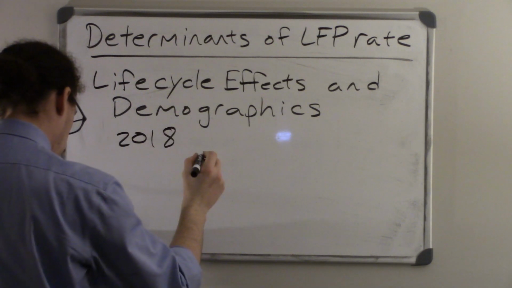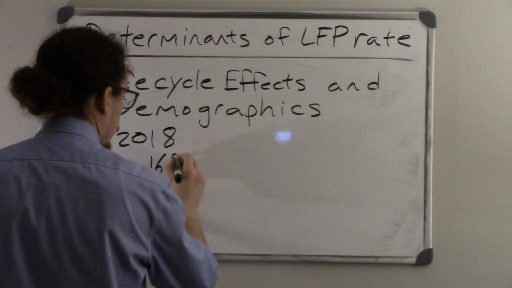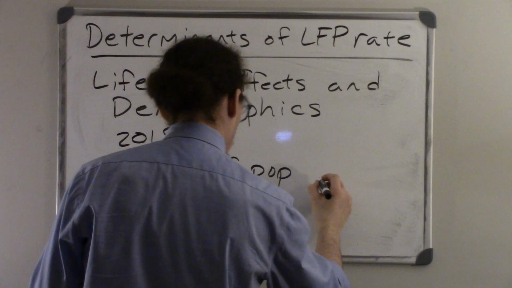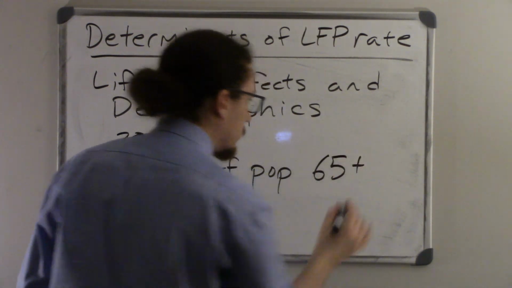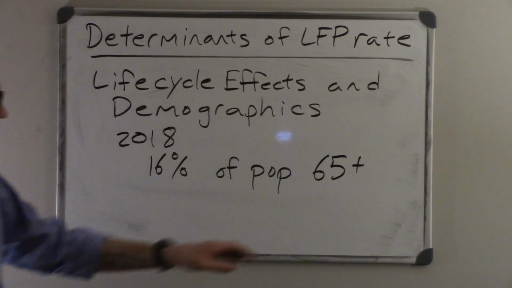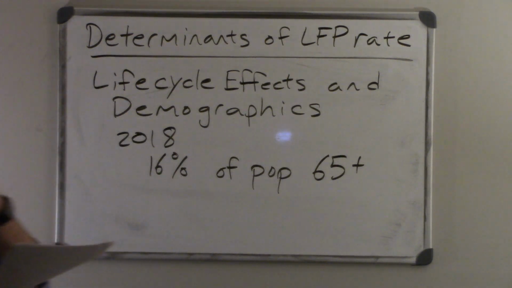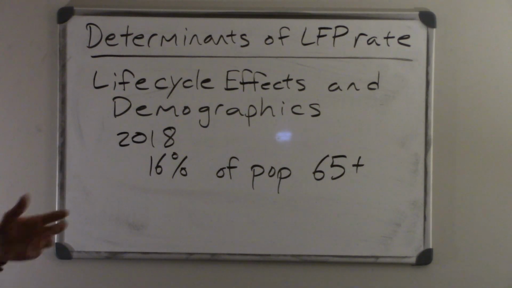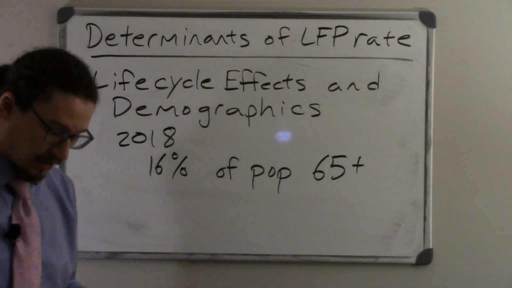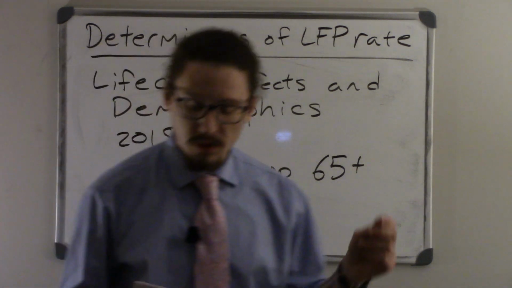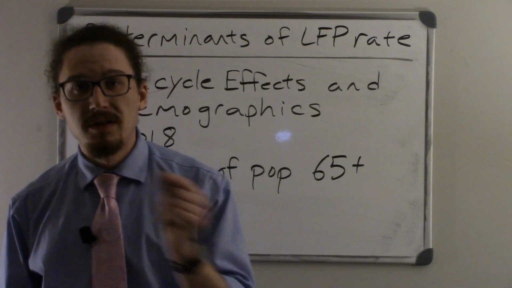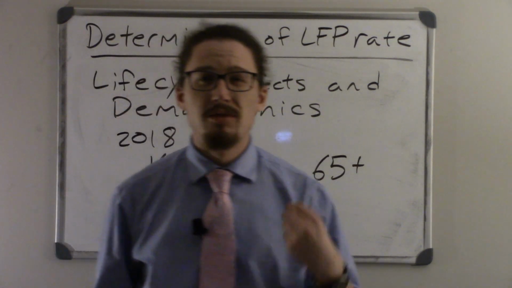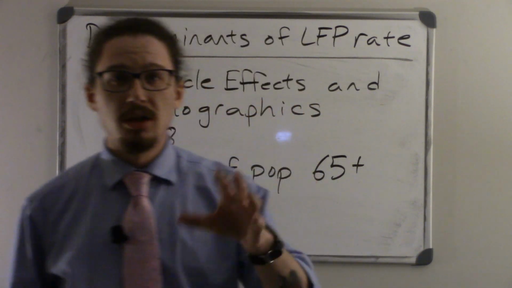All right, in 2018, 16% of the population was at retirement age, that's 65 years old or older. I'm not going to write these down, but the labor force participation rate for people 65 to 74 for 2018 was 27%.